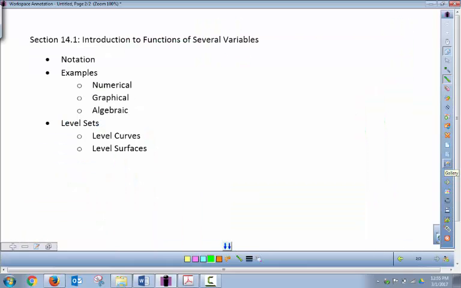So today we'll get introduced to functions of several variables. We'll take a look at the notation that I'm going to want us to use, and then we'll take a look at some examples as well.